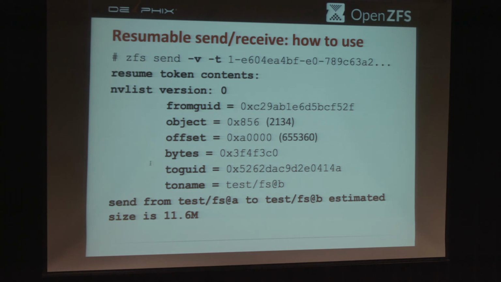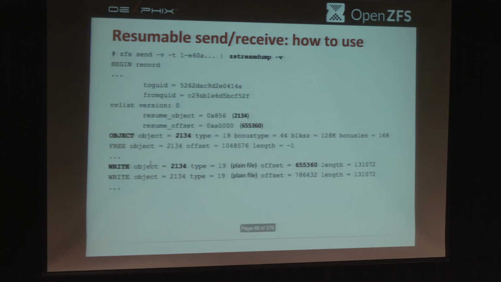So that's all of the information that you need in order to recreate the send stream. And then if you look at the actual contents of the stream using the zstreamdump tool, which lets you look at ZFS Send streams, you can see that the stream will say, okay, we are resuming from this object and offset, and then the first object we send is that object, and the first offset within that object is that offset. So we've skipped past everything that the receiving system already has and started exactly where we need to.